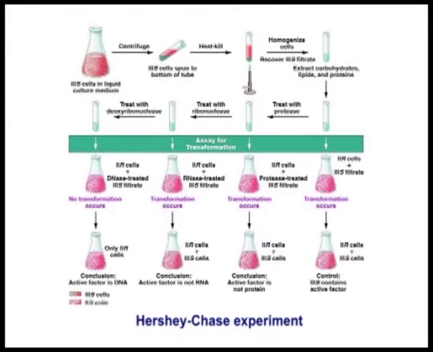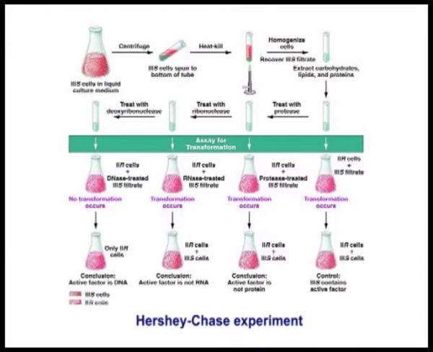Further, they treated the lysate with protease, which digested the proteins present in the lysate, and tested for its ability to transform the R strain. After removal of proteins, the lysate was still able to transform the R strain into S strain, which indicates that protein is not the transforming principle.